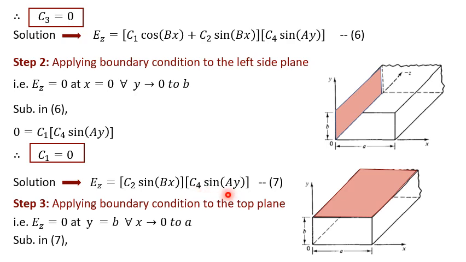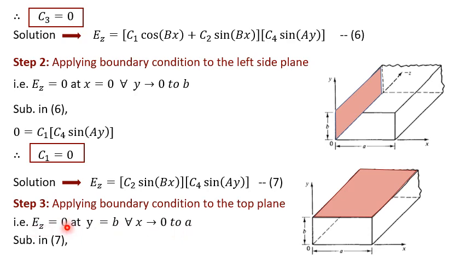Now in the third step, I'm going to apply the boundary condition to the top plane. So how do you represent the top plane? The top plane is represented as y is equal to b for all x ranging from 0 to a.